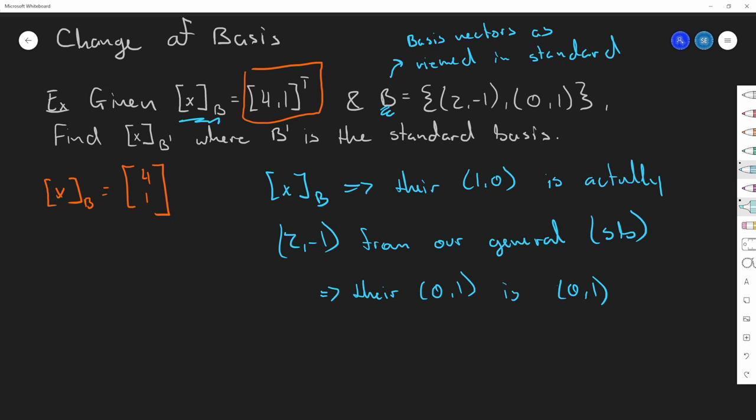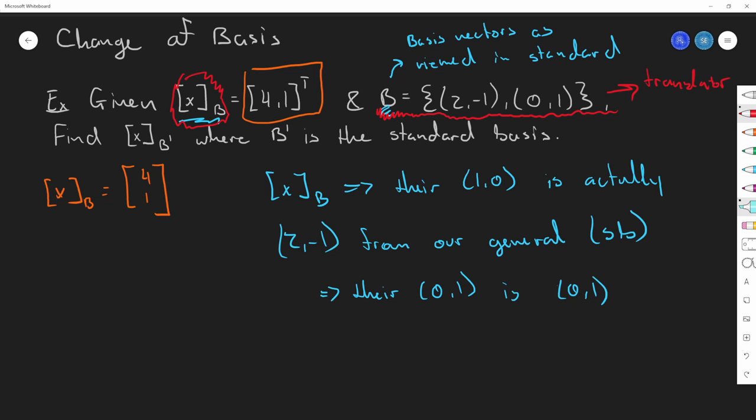And so now what we have to do is, we have our coordinate in terms of one basis. We have the basis vectors as we viewed them in the standard basis form. So in other words, this portion is our translator.